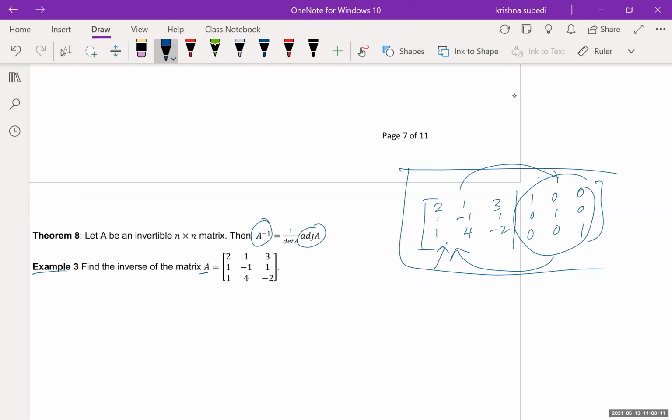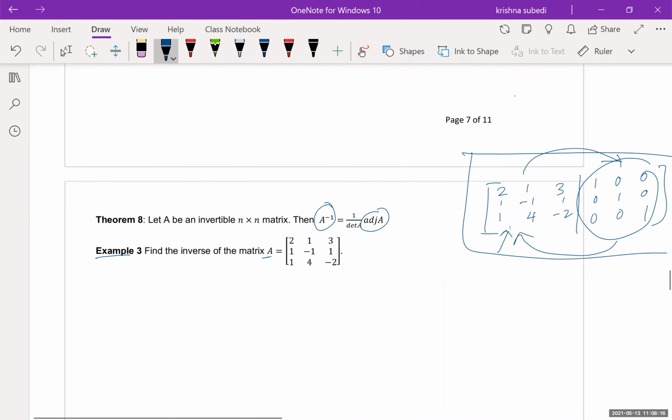And today we will learn a new method to find the inverse of a matrix. All right, so the inverse of a matrix. Let's look at this example 3.